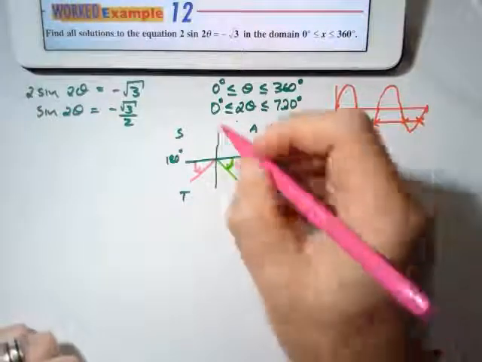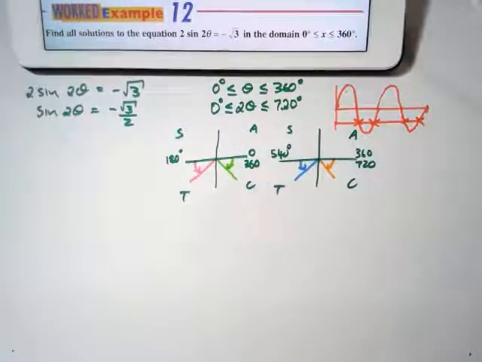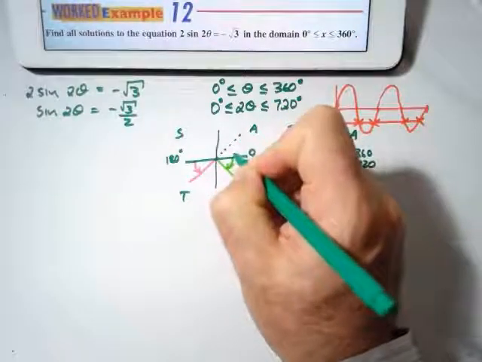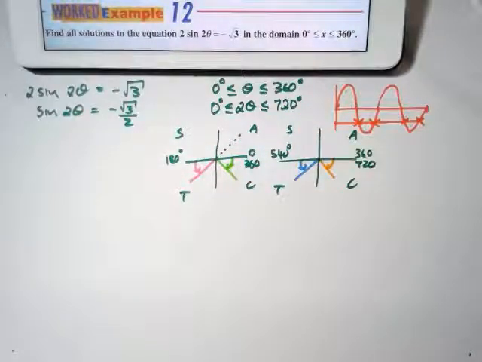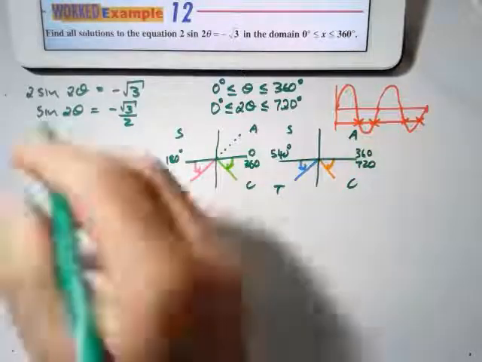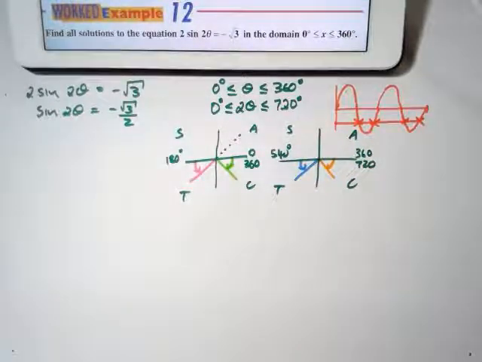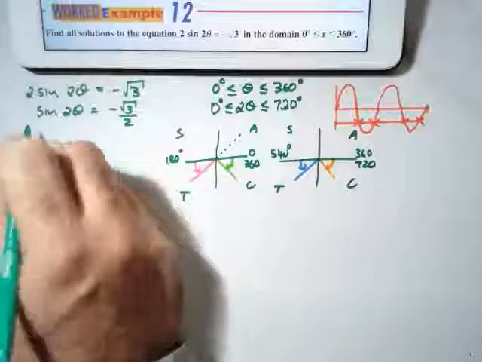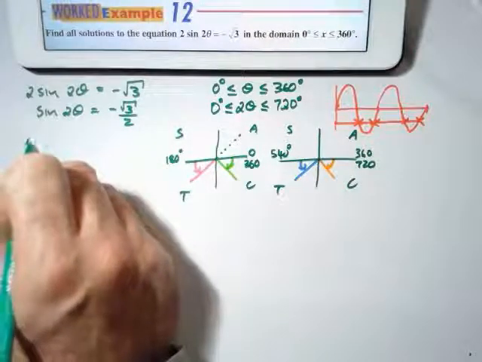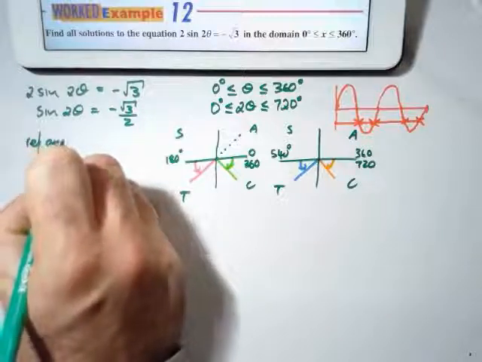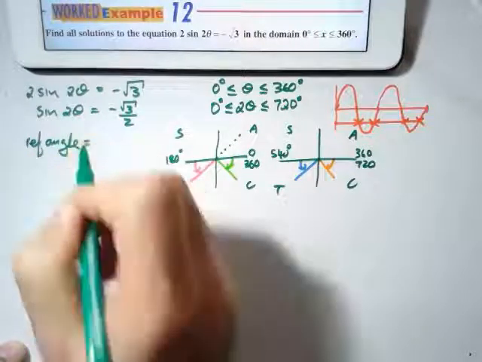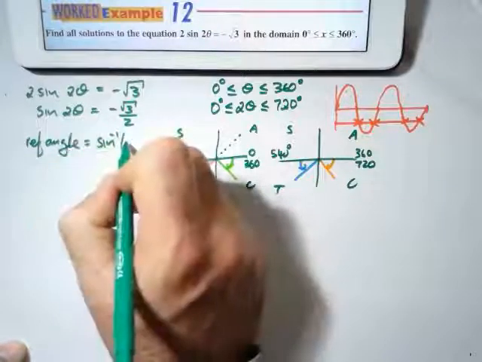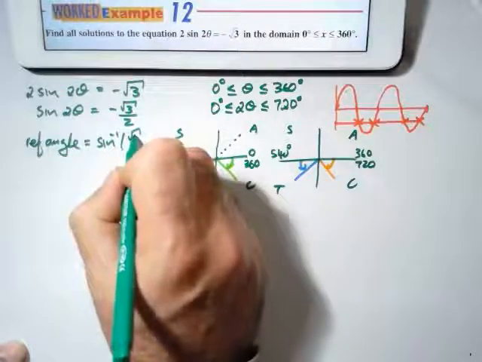That is what it should have been in my first quadrant. So that is my reference angle that I'm talking about. So if I want to go back now, I'm going to say reference angle equals the arc sine of square root 3 over 2.